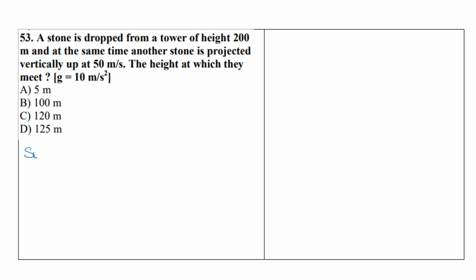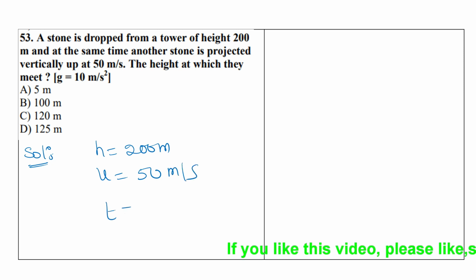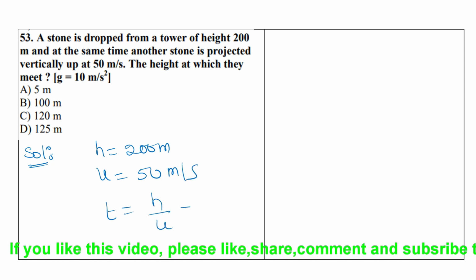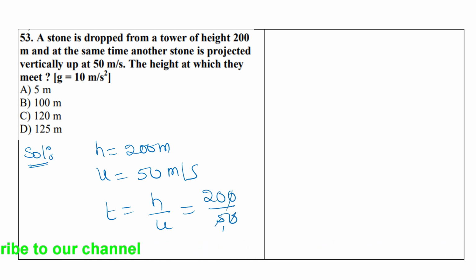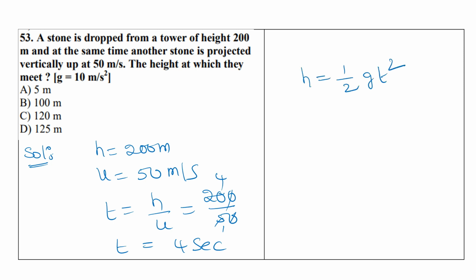Given height is equal to 200 meters and u is 50 meters per second. So t is equal to h by u, that is 200 by 50. Zeros get cancelled, 5 fours are 20, so t is equal to 4 seconds, and h is equal to half g t square.